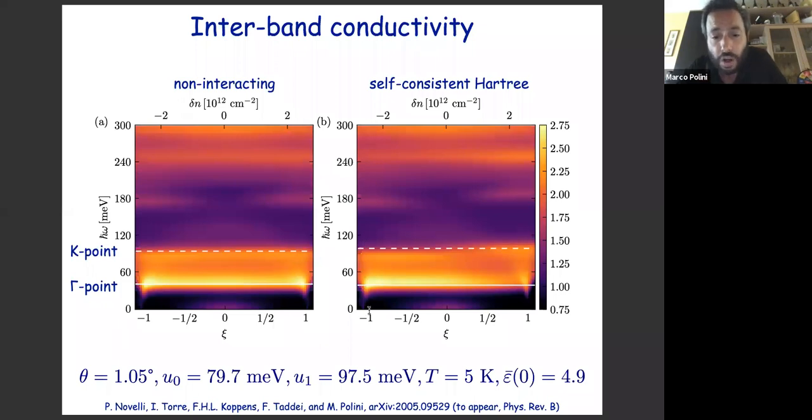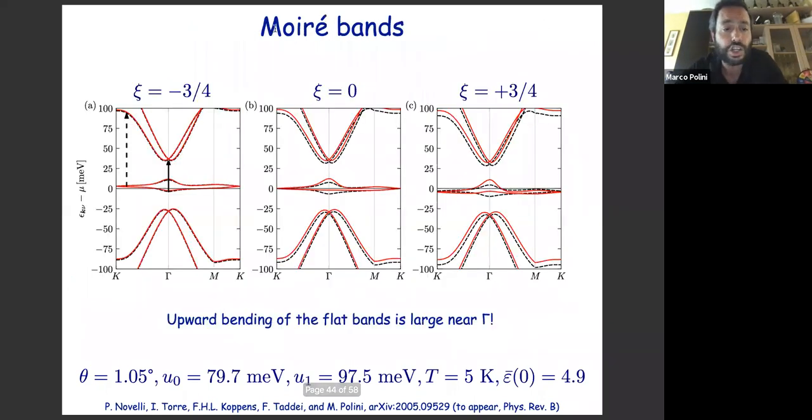One thing that you clearly see immediately is that near very low energies, there is a very weak peak due to transitions in the manifold of flat bands. But as you approach 40 millielectronvolts, there is a very sharp peak, which is due to transitions between the valence flat band and the first conduction band in the remote bands.